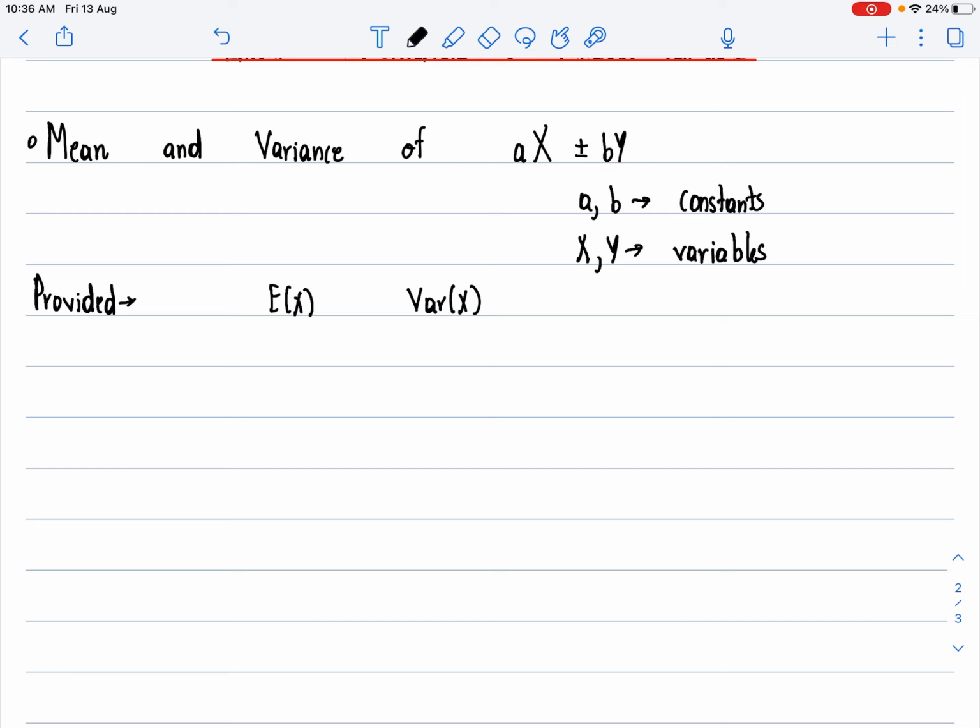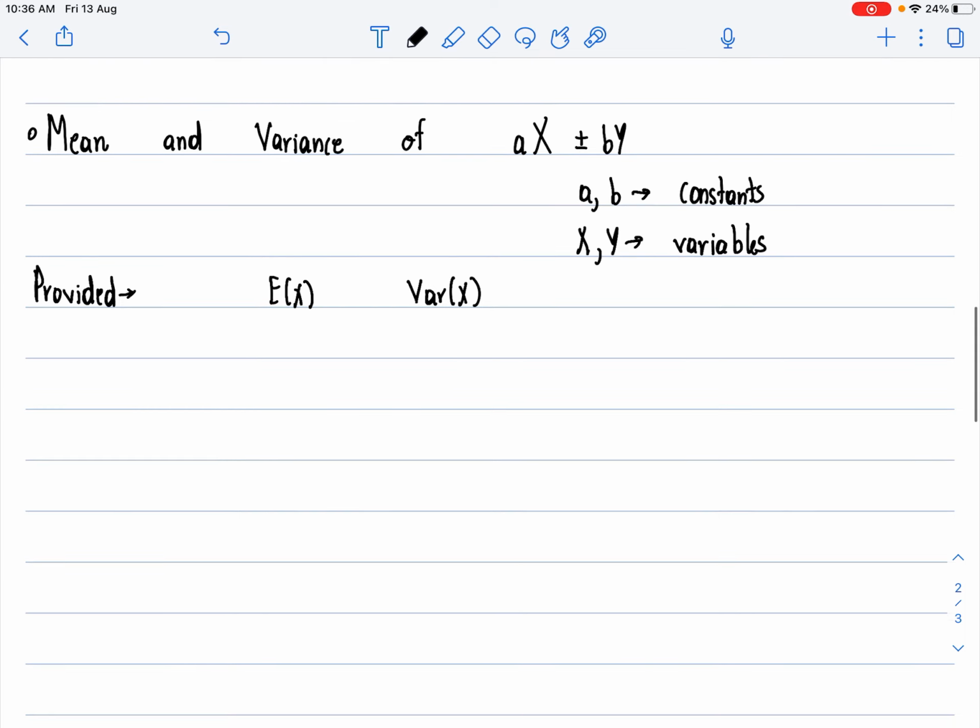Please don't confuse both of these terms. These are independent variables. So here I'll have E of Y and the variance of Y. I'll just write independent variable here, because this is important. X and Y are independent variables. This is what you need to know.